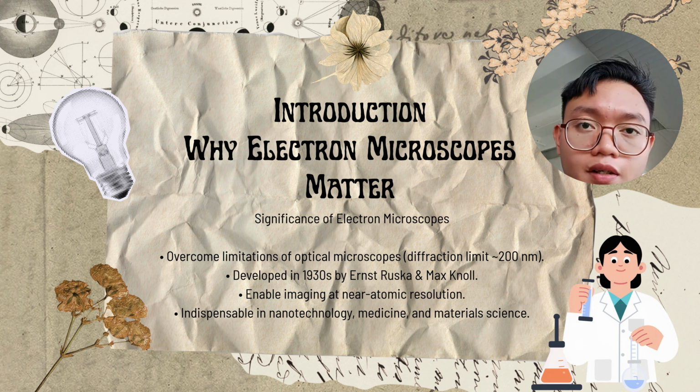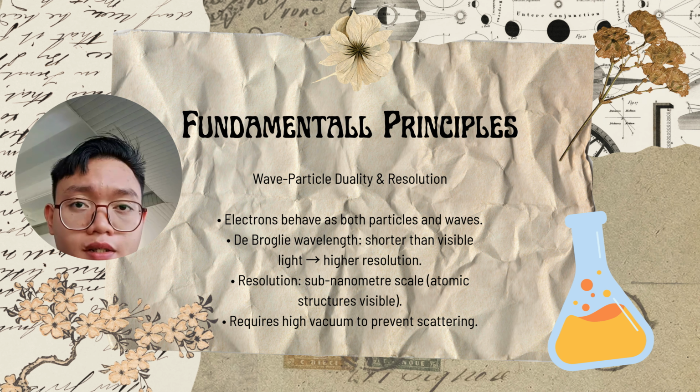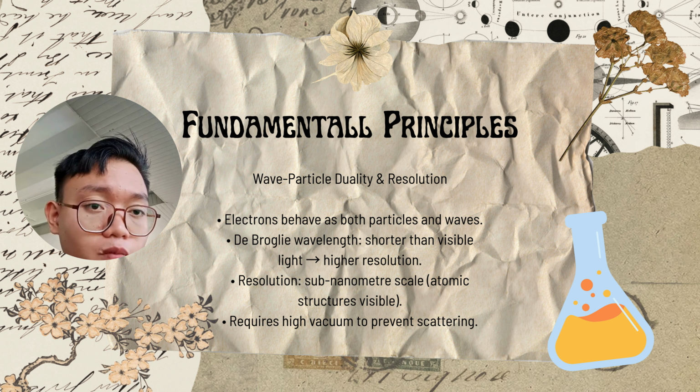As mentioned earlier, the electron microscope contributes greatly to human society and is therefore indispensable to various industries. Since an electron microscope uses an accelerated electron beam as a medium to scan through specimens, it operates on the basis of wave-particle duality and resolution.